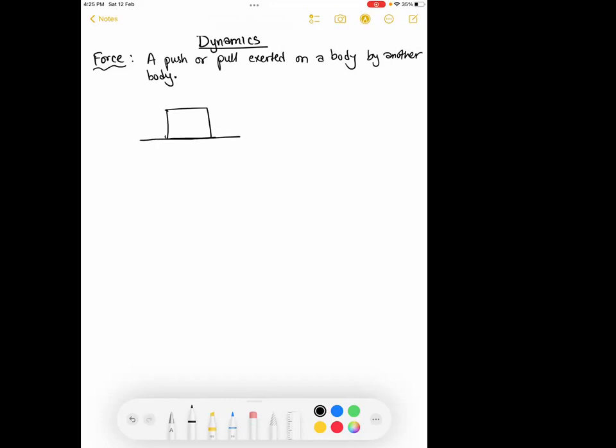This one is also experiencing some force. So obviously its own weight is being put on the table, and from the table surface, there is another force going upwards, which is counteracting its weight. That is the normal force.